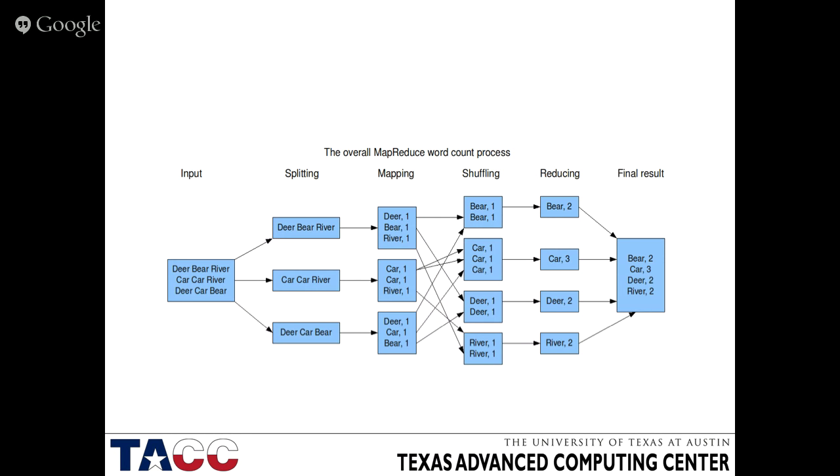Here's a very simple example to show how an actual MapReduce programming processing flow maps to the abstract workflow we showed a few slides back. In this example, your input is a simple text file with only 3 lines, and each line has 3 words: the deer, the bear, the river, and then the second line is car, car, river, and you get the idea.